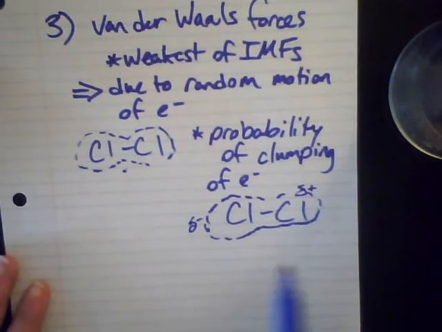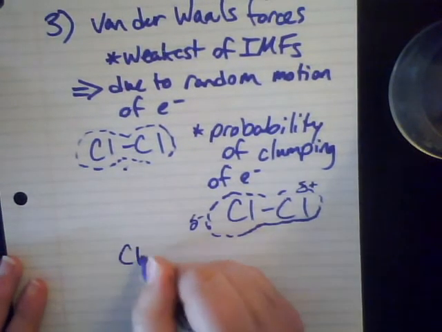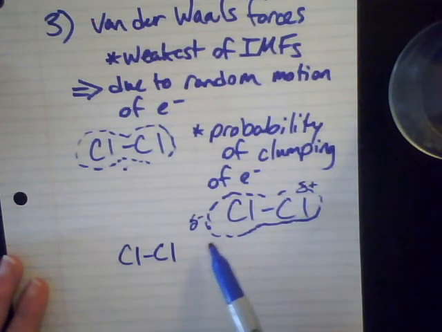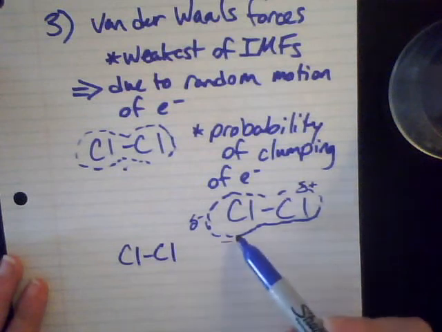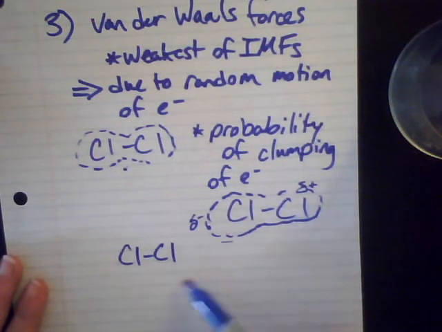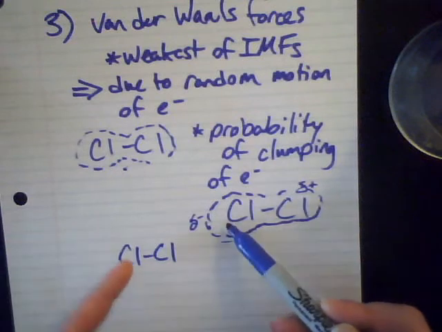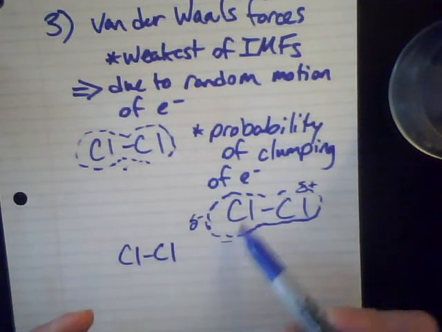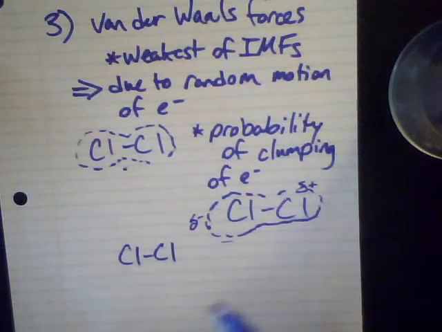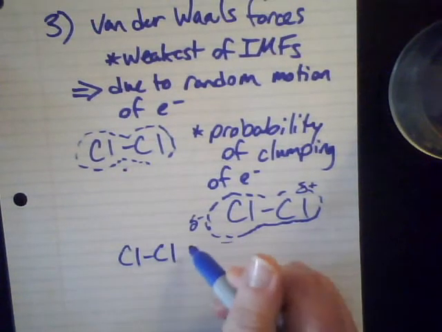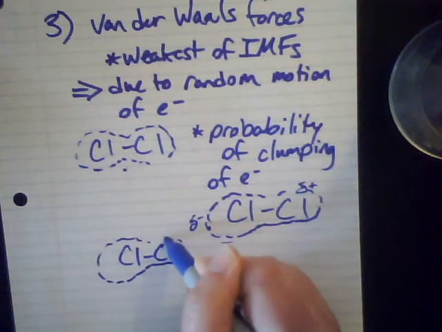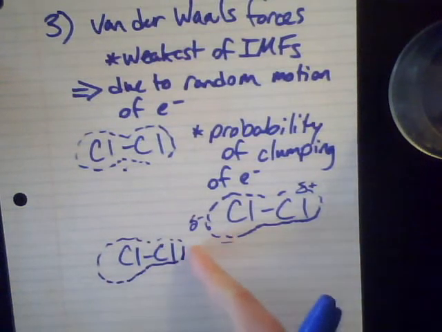And when it does, if there's another diatomic chlorine next to it, or any molecule for that matter, and this large extra bulge of electrons interacts with the electrons on this one, then like charges are going to repel each other, right? So my electrons on this one and my electrons on this one are not going to want to interact. If this one bumps into this guy, that's going to push the electrons on this one away from wherever the collision occurs.